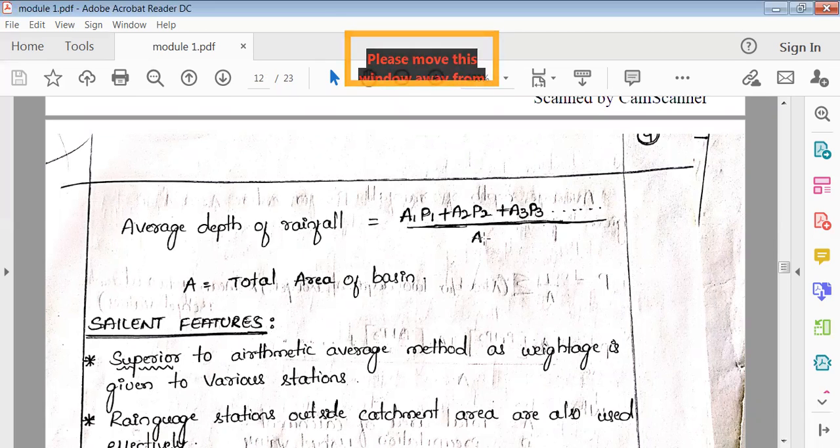So the average depth of the rainfall is dependent on the areas of the respective polygons. P1 is with respect to A1, P2 is with respect to the A2 area, P3 is with respect to the A3 area, divided by the total.